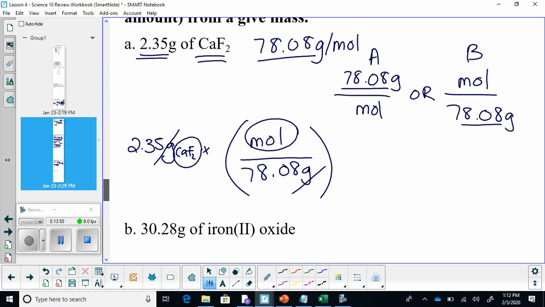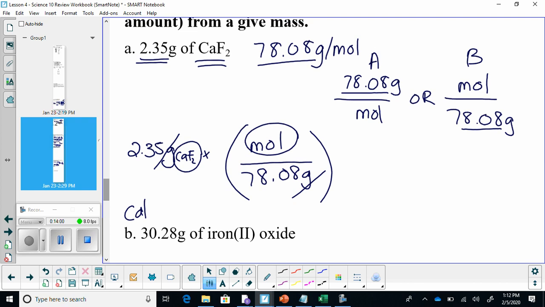Now, in your calculator, what you're going to do is you're going to go 2.35 divide. If it is in the denominator, you divide. D for denominator, D for divide. So I divide by 78.08, which gives me an answer of 0.030097.